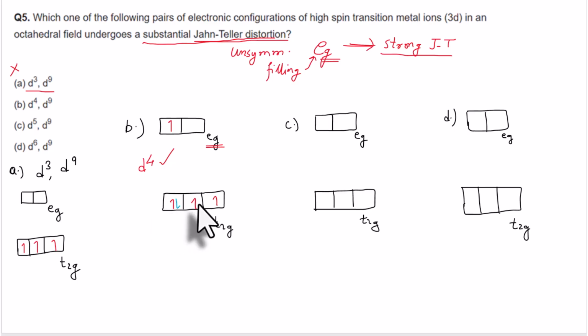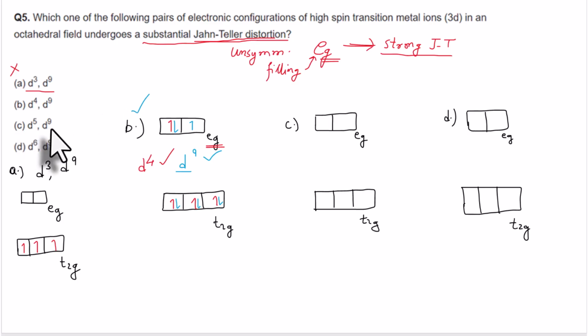If we fill like this, here we have 6, 7, 8 and 9. Again, there is unsymmetrical filling of the eg orbitals, which leads to d9 being a configuration that shows strong Jahn-Teller distortion. So option B, d4 and d9, both will show strong Jahn-Teller distortion.